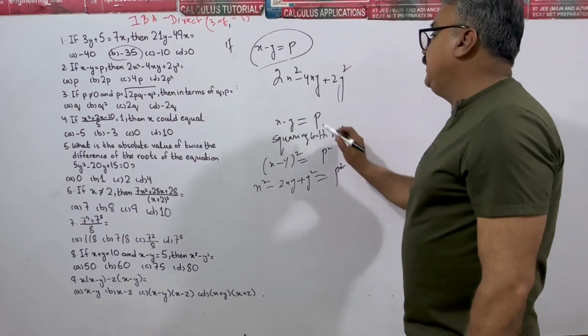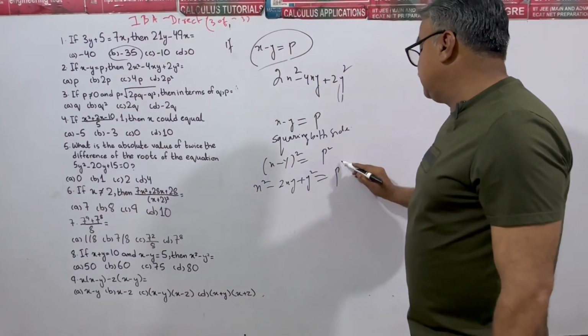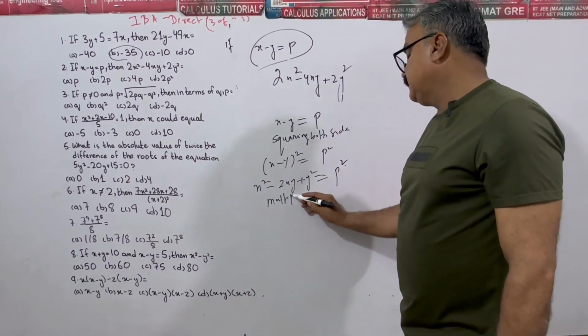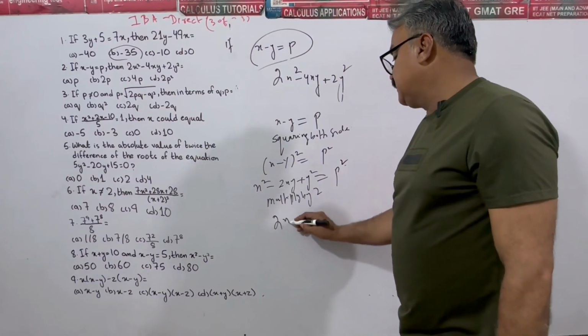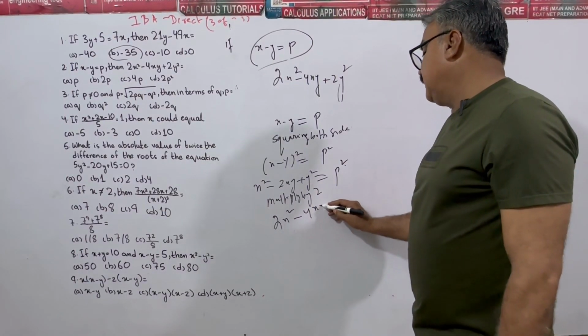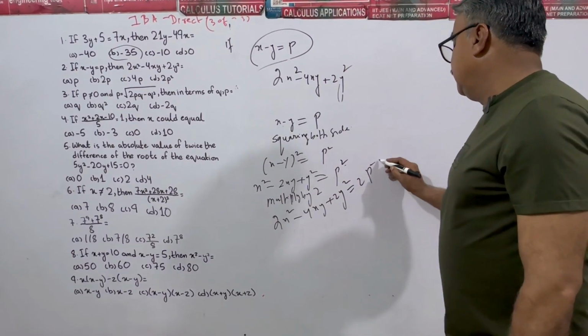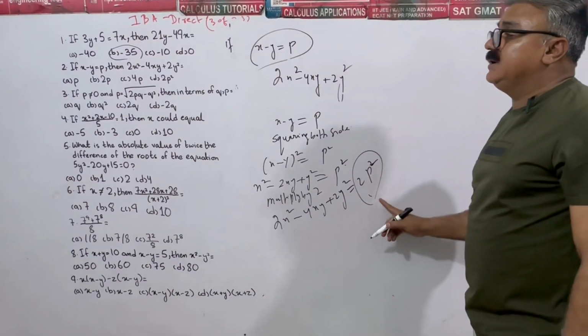Look at this, I need 2x square minus 4xy plus 2y square. There is a deficiency of 2, so multiply by 2. We have 2x square minus 4xy plus 2y square is equal to 2p square. We arrive at the same result.